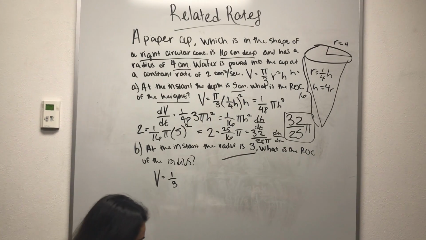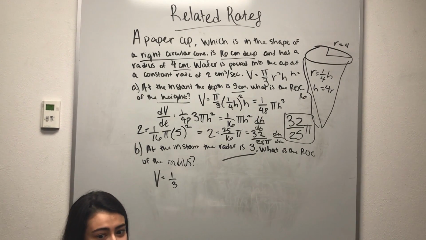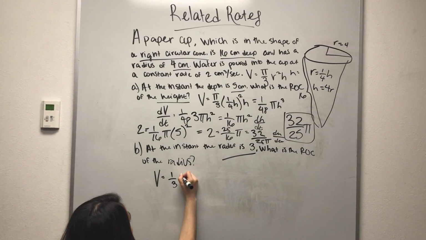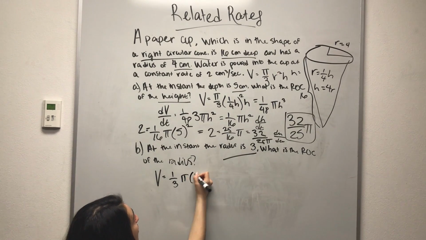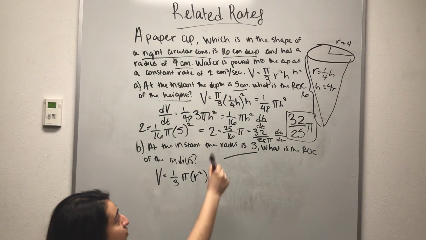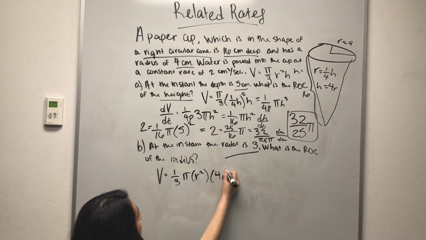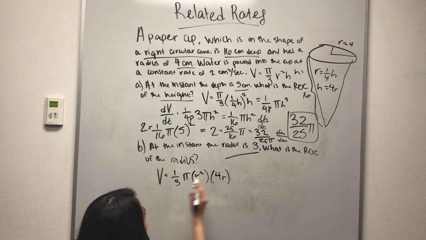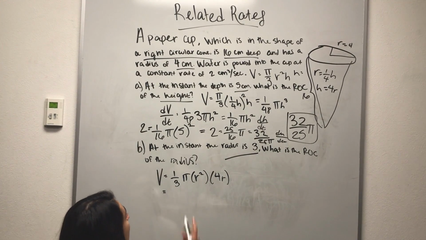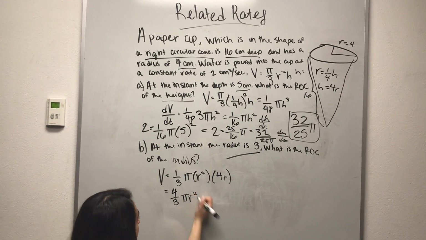Actually, no, I'm incorrect, folks. We're going to do V equals 1/3 pi, and then put in r squared times the height, which we know h in this case is 4r. Great. We're going to combine everything, and with that we're going to get 4/3 pi r squared.